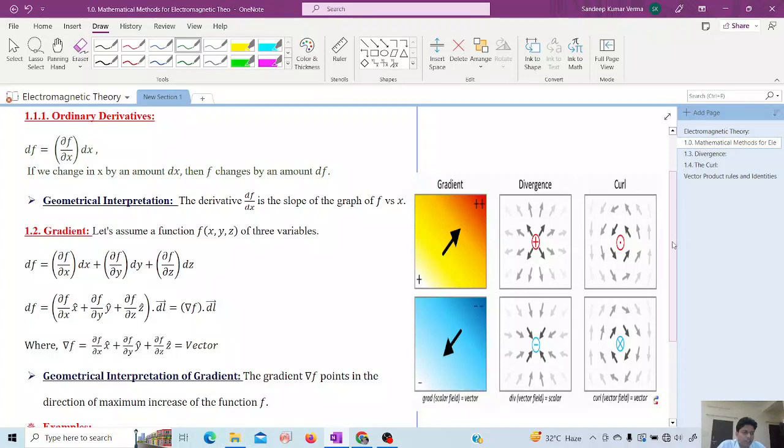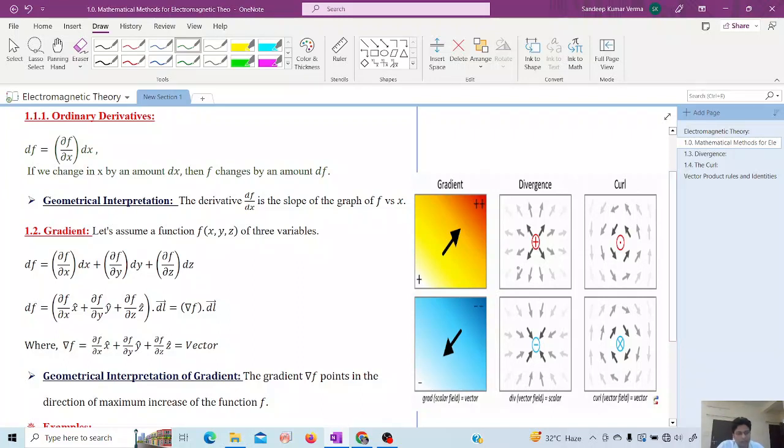So it can be written as (∂f/∂x x̂ + ∂f/∂y ŷ + ∂f/∂z ẑ) · dl, that is, ∇f · dl, where ∇f is ∂f/∂x x̂ + ∂f/∂y ŷ + ∂f/∂z ẑ, and it's called the gradient of f. The gradient of any scalar field is a vector.